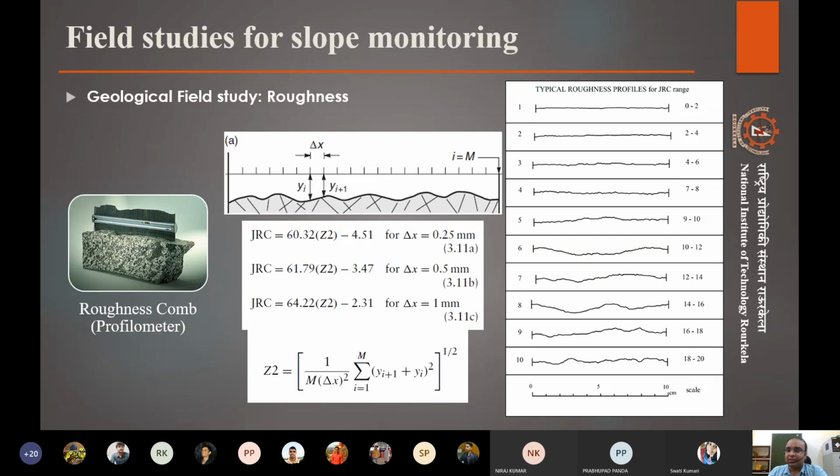So joint roughness coefficient is an important index in finding the Q value and other geological indices, which are very helpful in deciding what kind of rock it is, and by extension what kind of support there should be in that type of rock.